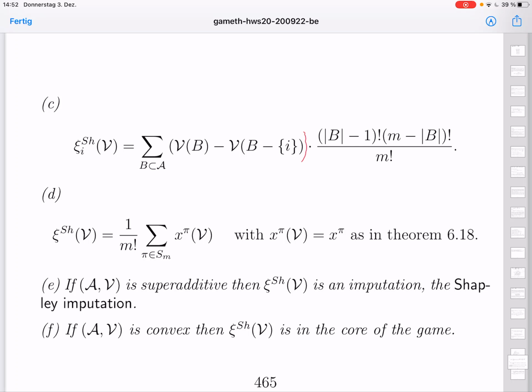So for a given collision valuation, the ith entry is a sum of differences for all the possible subsets B, V of B minus V of B minus I times a rational coefficient. And now I want to prove that this formula gives us precisely the Shapley value for any fixed collision valuation.